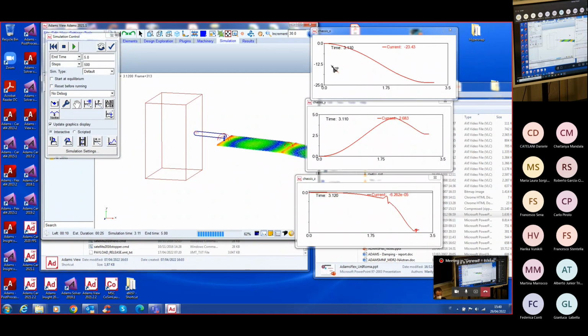So this is the X, Y, and Z of the center of mass.